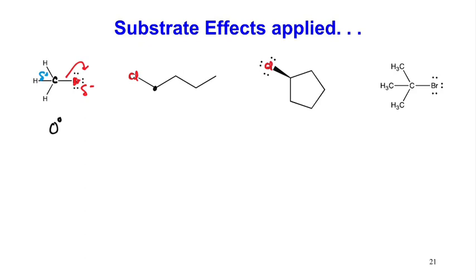So the chemistry that's happening is on our carbons where those halogens are connected. That carbon in the next structure is connected to one other carbon, so we can call that primary. The next one's connected to 2 carbons, so we call that secondary. The last one is connected to 3 carbons, and we call that tertiary.